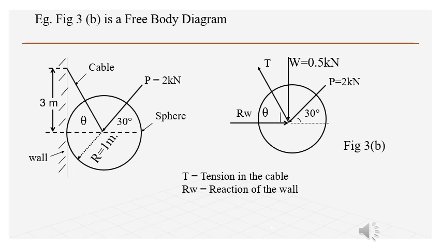So a free body diagram shows all the forces acting on the body, including the reaction forces and the self weight, but not any contact surfaces or connecting bodies.